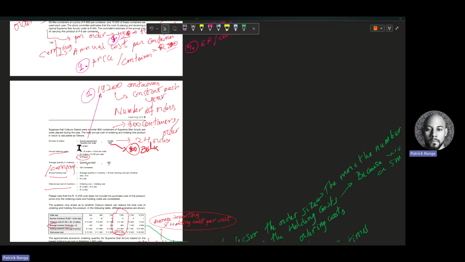So we're going to divide the total requirement, 19,200, by 800. If you do that, you will get 24 orders. So the company decided that it would be best to order in batches of 800, so that we can do 24 orders for the year.